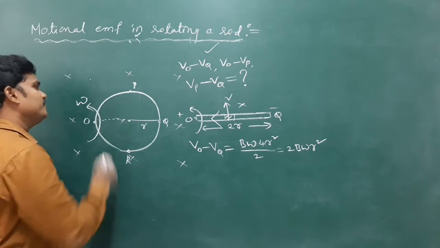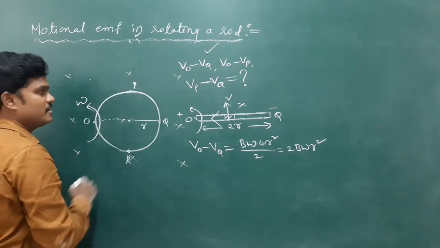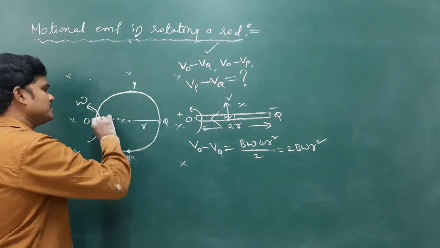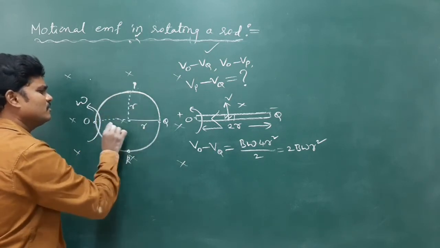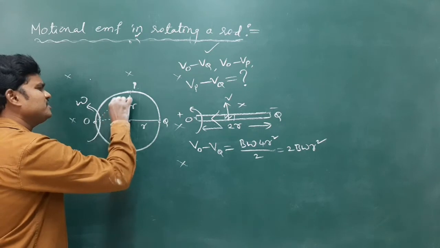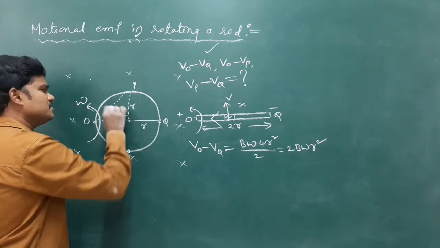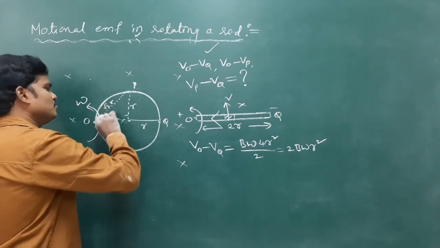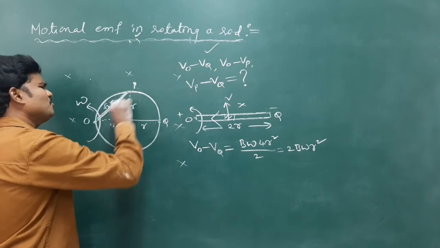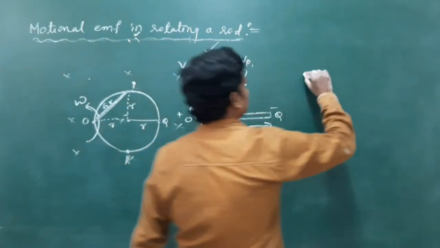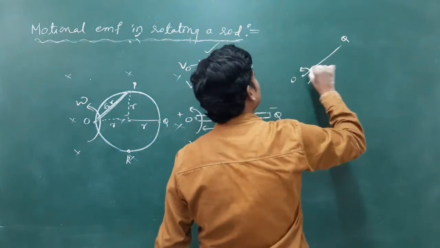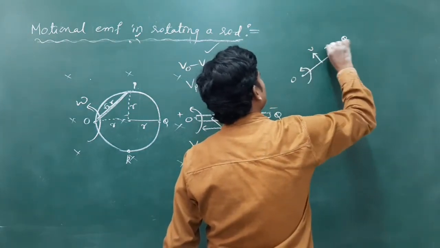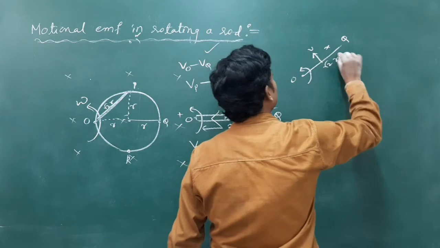Similarly, you try to find VO minus VP. For this quadrant of the loop, just replace it with a rod. What is the length of this rod? This is root 2r. So this rod OP, this is O, this is P, rotating like this, with V and the field into the board, length root 2r.